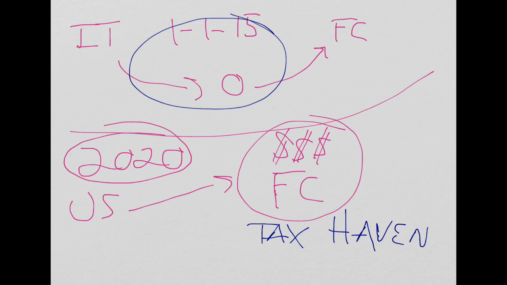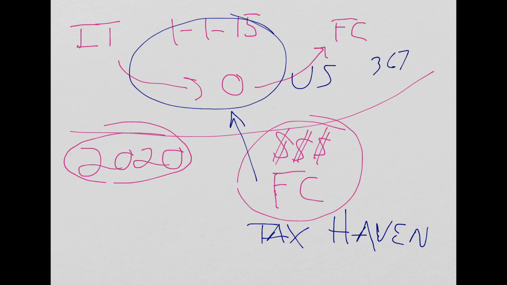And since in this case it's in a tax haven, we now go back and say this value changes. It's a contingency value, and it constantly gets updated every year to its new value, and it brings back some of the tax dollars to the U.S. under Section 367.